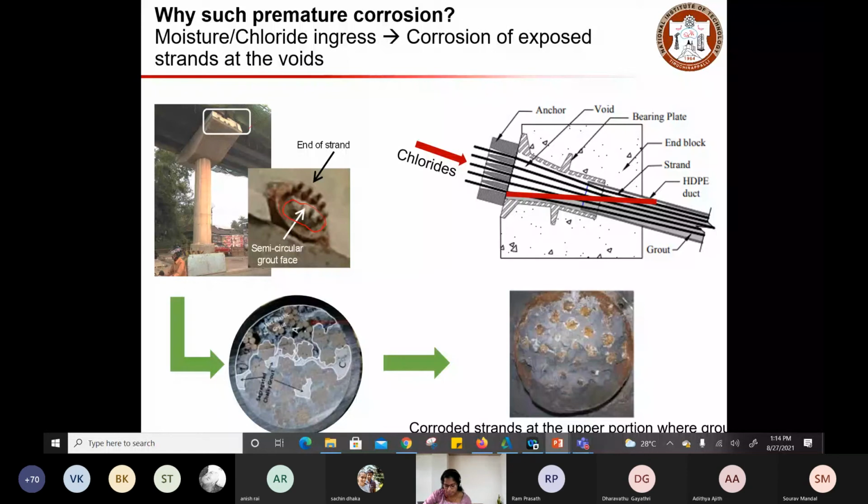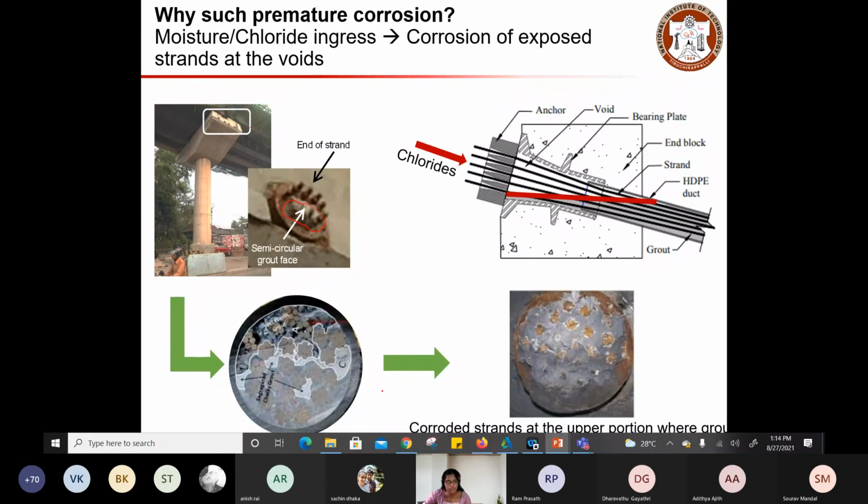So in such cases, it is very certain that it could be exposed to moisture and a chloride environment, and eventually that will lead to the corrosion process. Here you can see in the cross section how you have your strands and some partially filled grout, and this portion is not filled by grout.